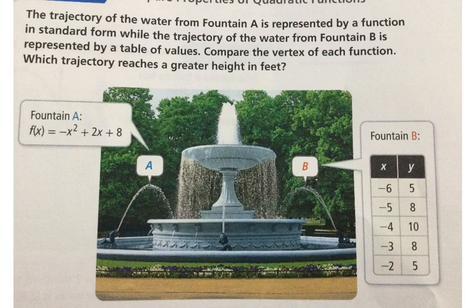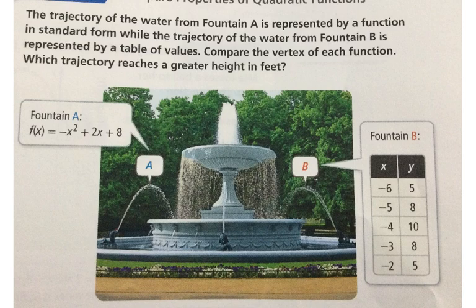So how can I find the highest point of this parabola? I'm looking for the vertex of this parabola. How can I find the vertex when it's in standard form? Is it put it in your graphing calculator? Well, you could put that in your graphing calculator and find the vertex. That's one option.